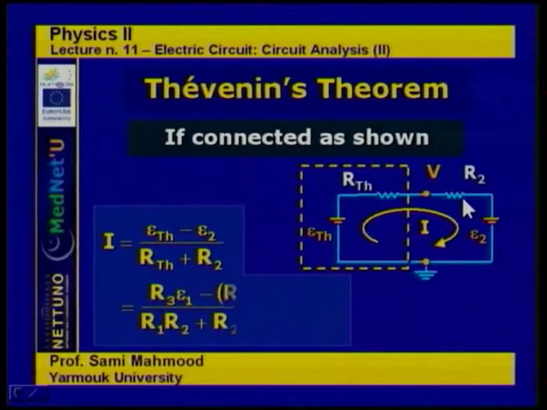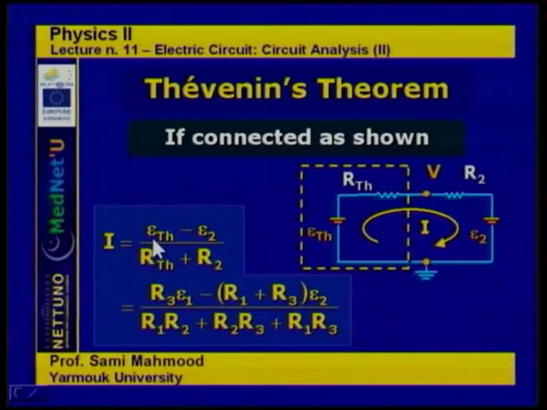Putting these together, replacing epsilon Thevenin and R Thevenin by their values, we obtain I equal to R3 times epsilon 1 minus epsilon 2 times, in parentheses, R1 plus R3, divided by R1 R2 plus R2 R3 plus R1 R3. So this is the current I that flows through the Thevenin's resistance and through R2.